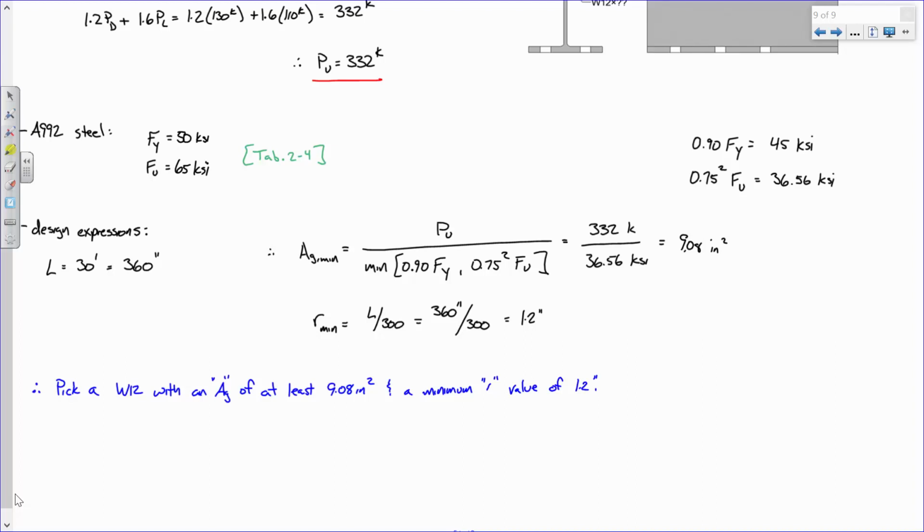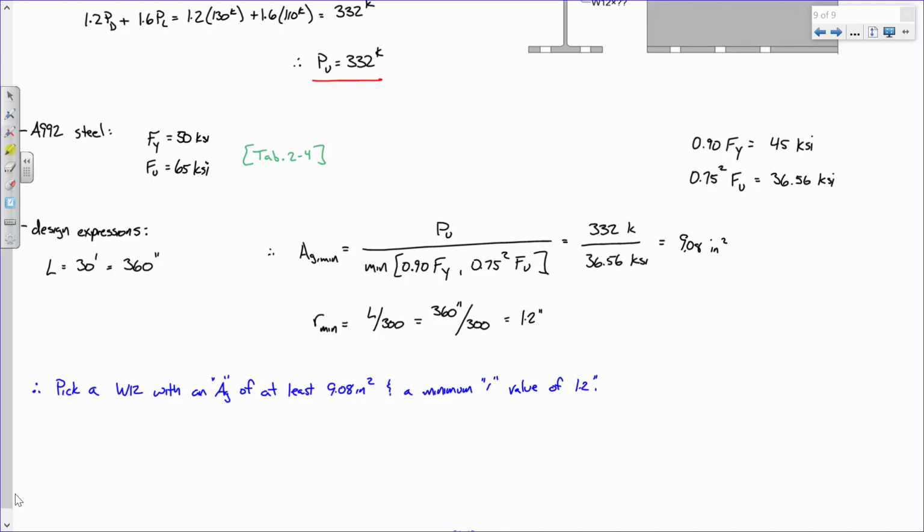No clue. Remember, we're looking up R values for slenderness. And the worst case slenderness, the worst case L over R is the one with the smaller r. For W sections, no matter what W section you're looking at, the smaller r is always the one about the y-axis. Okay? So for W sections, you're always going to be looking up Ry here. That may not be the case for angles or for channels or whatever, WTs, so you need to be cognizant of that. Like WTs, I believe it's RX, or it can change depending upon what the section looks like.